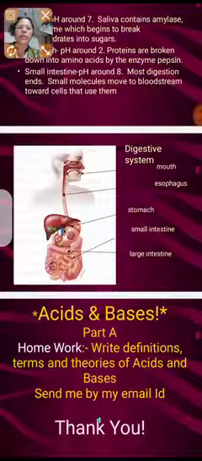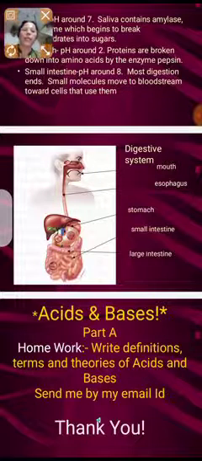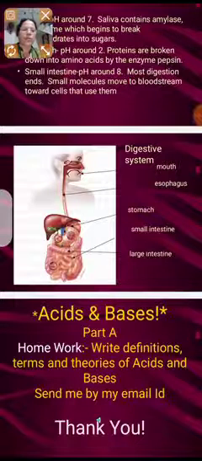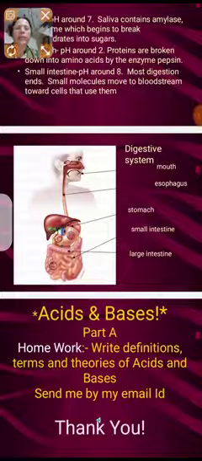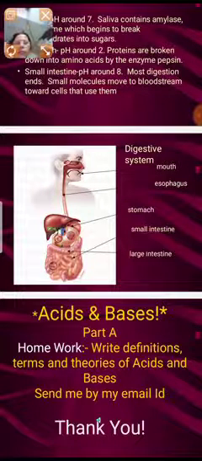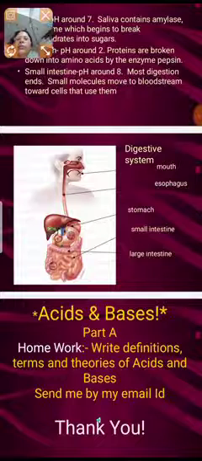Lewis is another scientist who explains that a species which accepts a pair of electrons is a Lewis acid, and Lewis bases are those which donate an electron pair to the reaction. So these are the examples and terms to understand how the study of acids and bases is going on day by day.